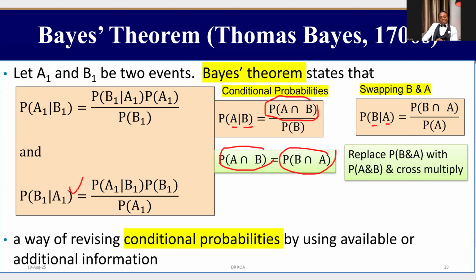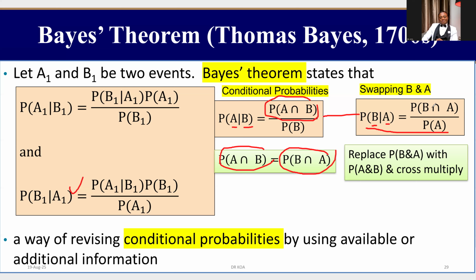watch it. First, I can now write this one, swapping the A and B. Okay, I can rewrite these two, which is swapping the A and B. And then wherever there is B intersection A here, what will I have?